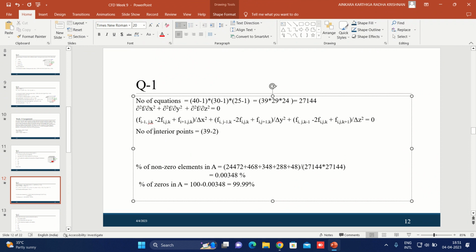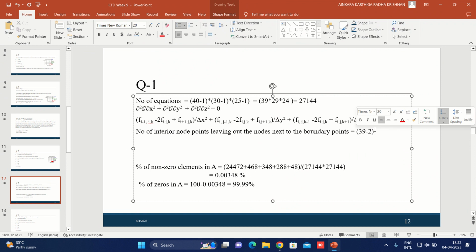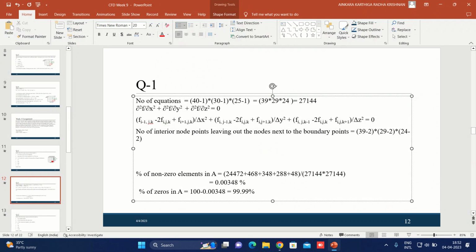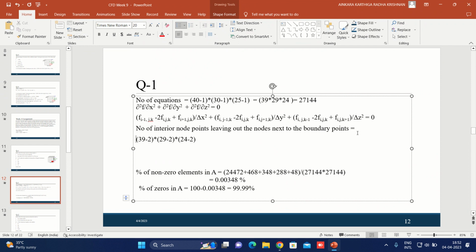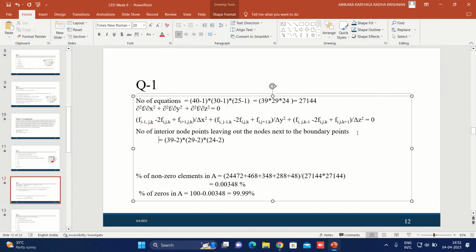So the number of interior node points, leaving out the nodes next to the boundary points, would be 39 minus 2 into 29 minus 2 into 24 minus 2.